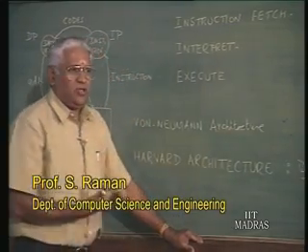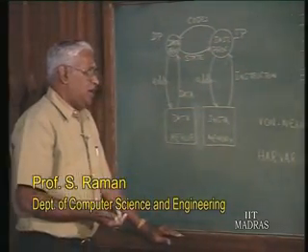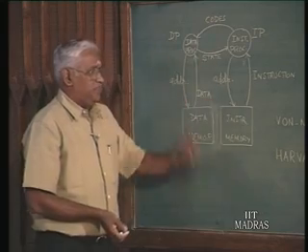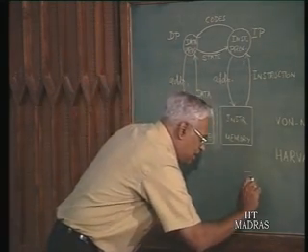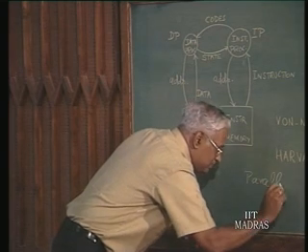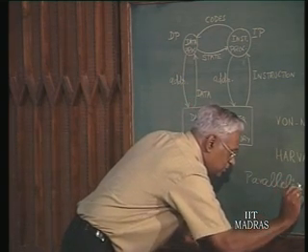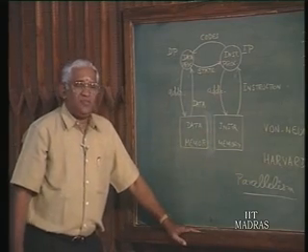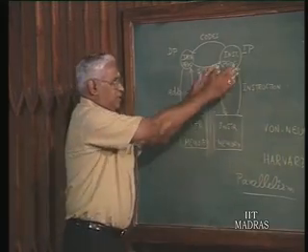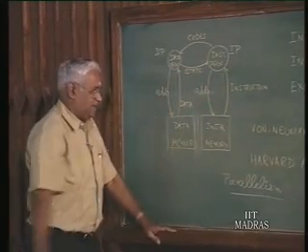So, in those situations, it may be better to improve by bringing in, as I said, some kind of parallelism. So, that is what has been achieved here, by splitting and having two separate buses, an instruction bus and the data bus separately.